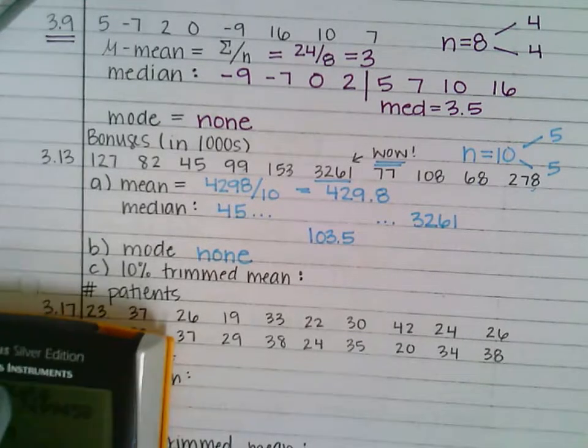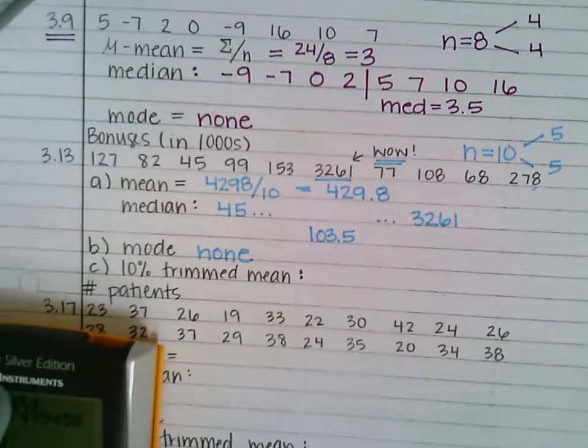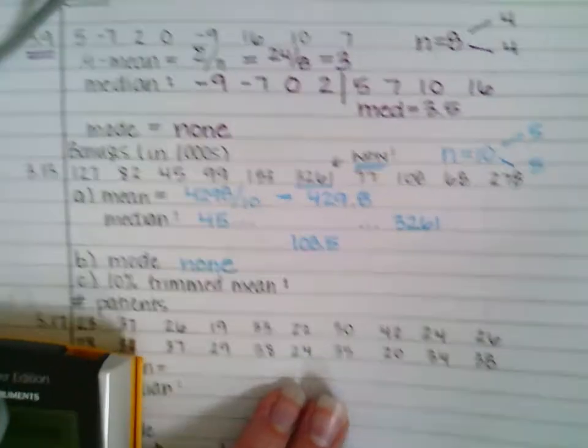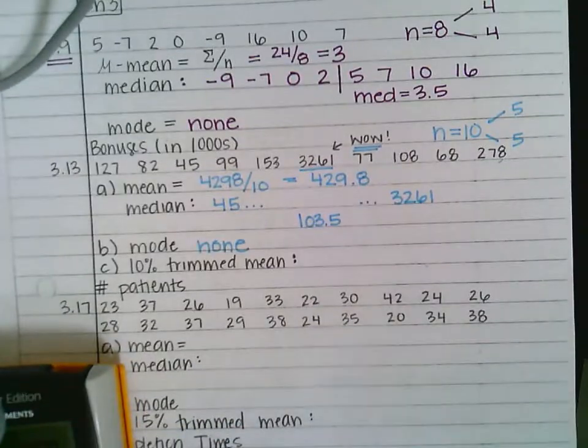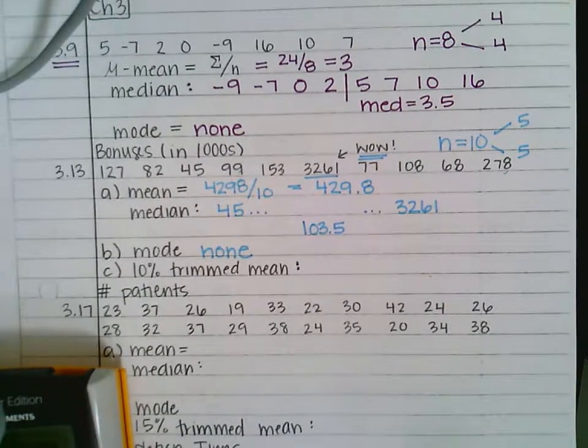Now the 10% trimmed mean. On the 10% trimmed mean, I need to take out some of the data values in order to find this 10% trimmed mean. Okay, so what I'm going to do is I'm going to take 10% of n.